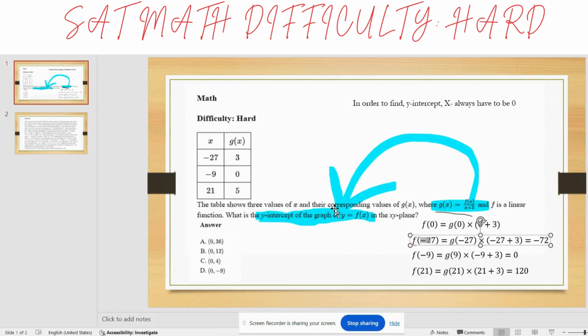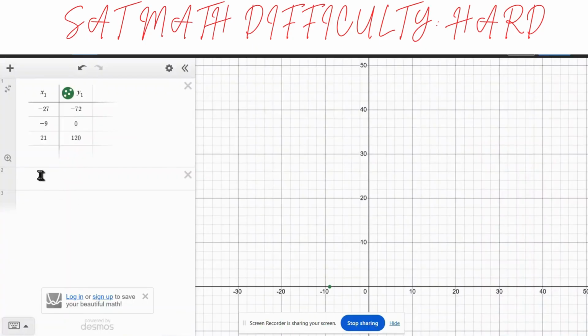Because as you can see, the question says f is a linear function, right? Which means f has a linear equation. So we have to write the linear equation here, and if you do that, we can definitely find the value of the y-intercept. You can easily write it using this table.